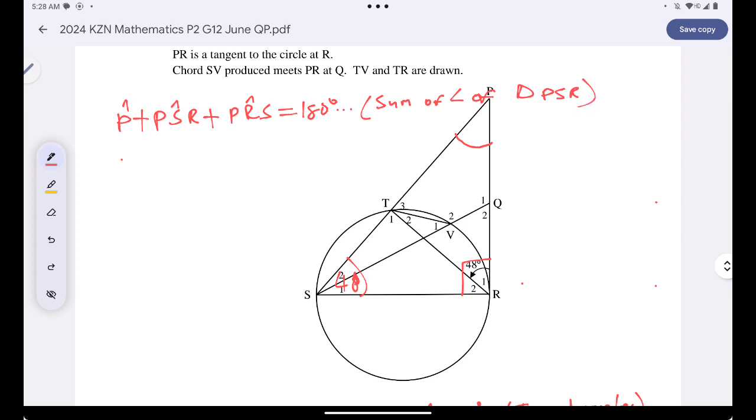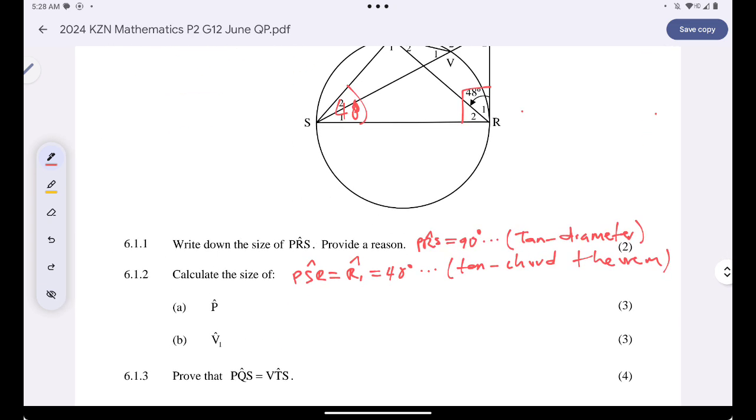I want to know the size of angle P. I know the size of angle PSR. It's equal to 48 degrees, and PRS is 90 degrees because of tan radius. Therefore, the size of angle P is equal to 42 degrees. So to answer this question, simply say P is 42 degrees.